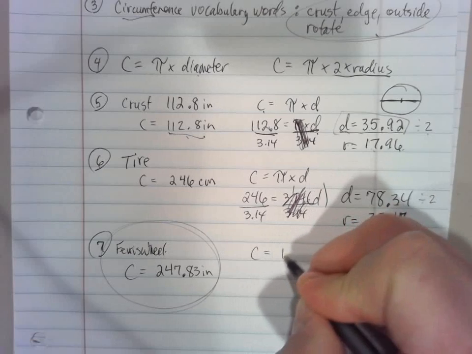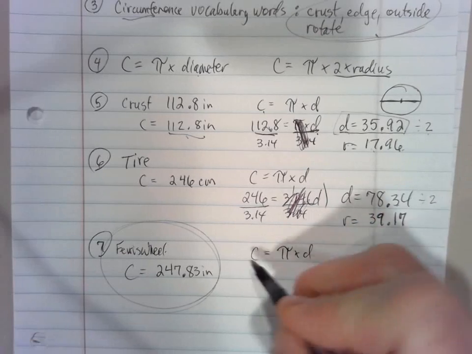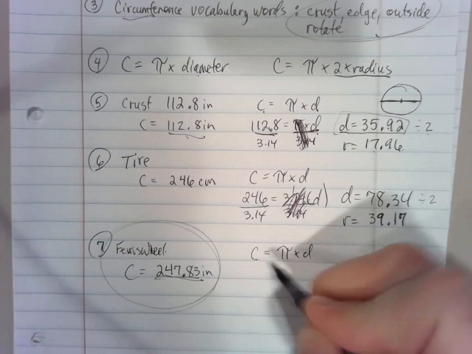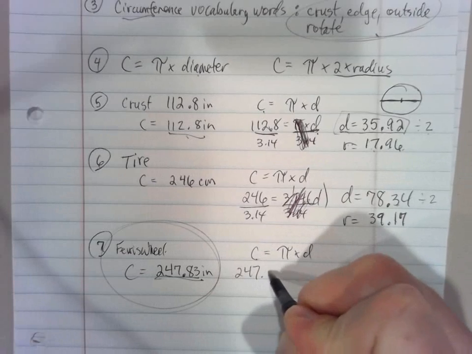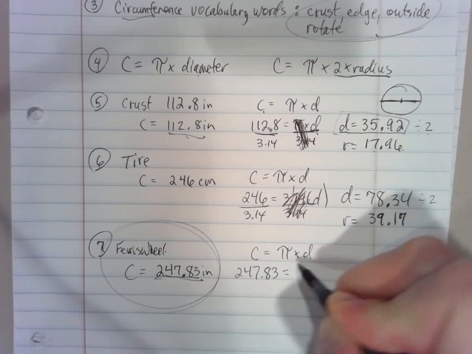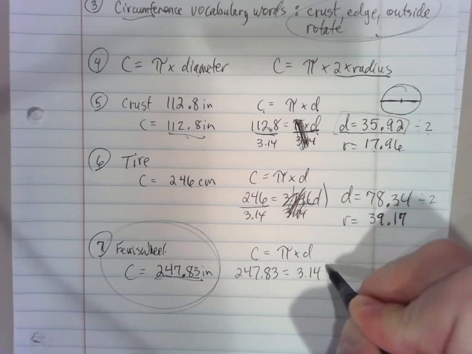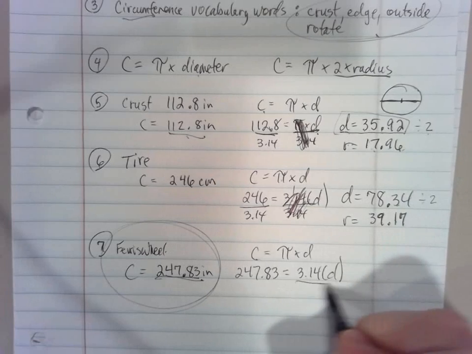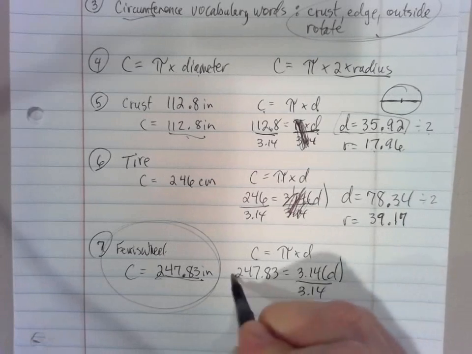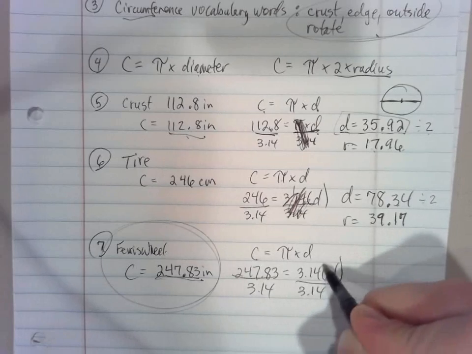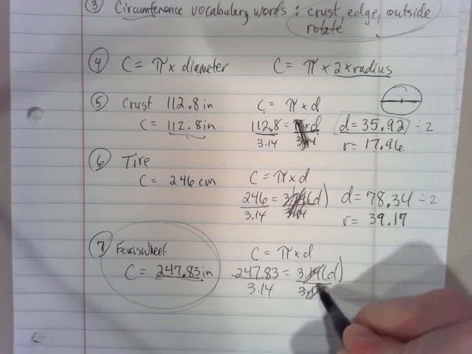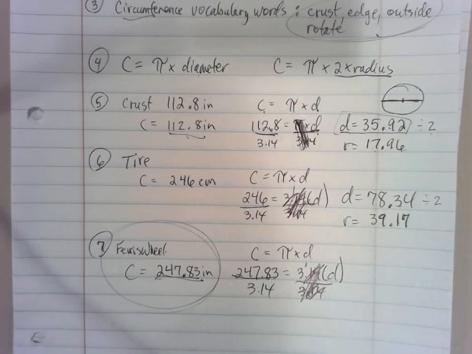So again, I know my formula is pi times diameter. I'm going to take that number, put it in for circumference right here. 247 and 83 hundredths equals 3.14 times the diameter. I'm going to divide by pi on both sides. Those cancel out because 3.14 divided by 3.14 is just 1.